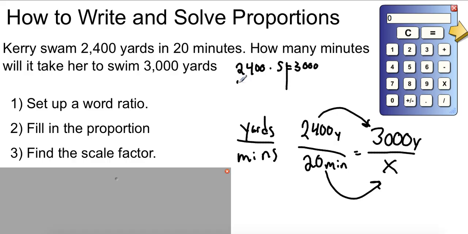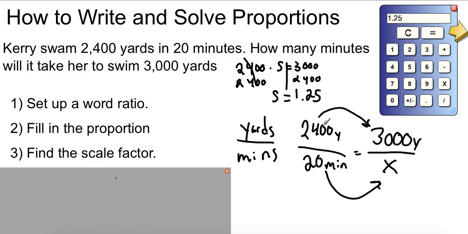I can divide on both sides, and I'll see that my scale factor is equal to 3,000 divided by 2,400, which gives me 1.25.